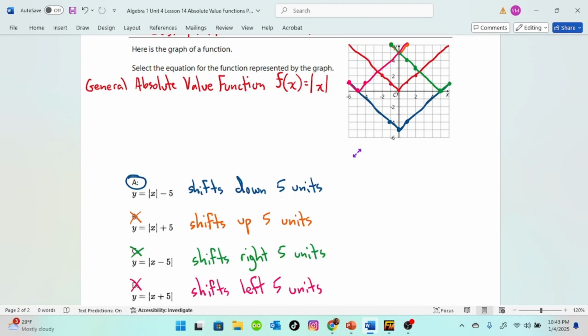If we subtract inside the absolute value symbols, we shift right that many units from the origin. And if we add inside the absolute value symbols, we shift to the left that many units from the origin. So make sure you start to learn these, because it'll make graphing in future lessons that much easier.